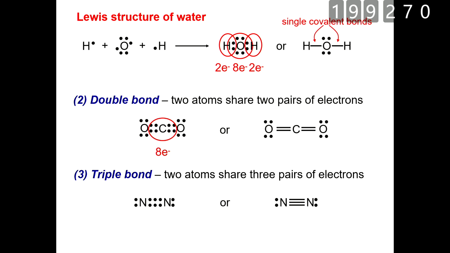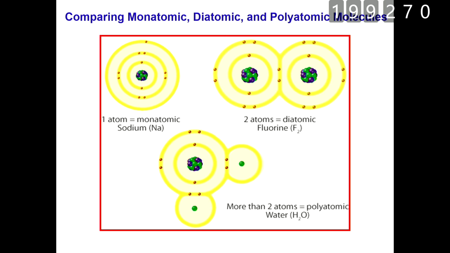The third one is about the triple bond. In a triple bond, the 2 atoms share 6 electrons. So this is about the types of covalent bond. It may be single bond, double bond, or triple bond.